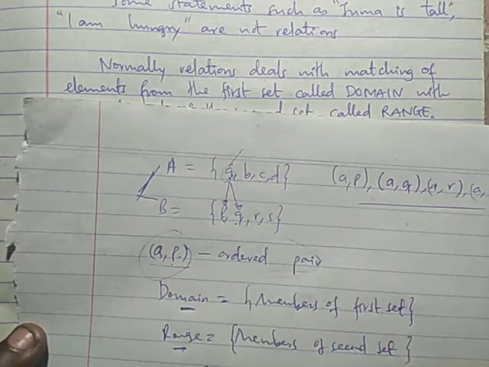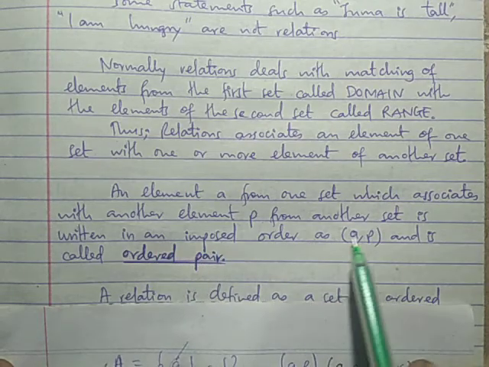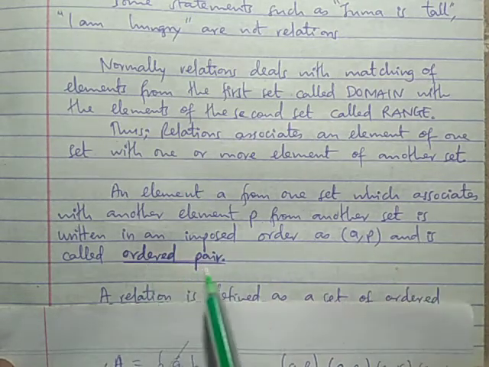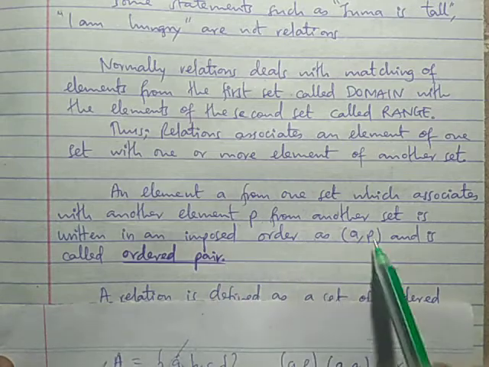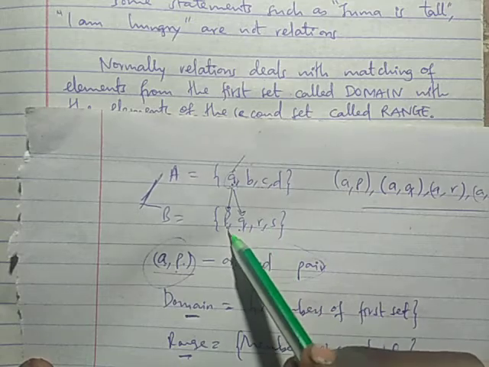Ordered pair, anaitwa ordered pair. So is written in an imposed order as A, P and is called as ordered pair.